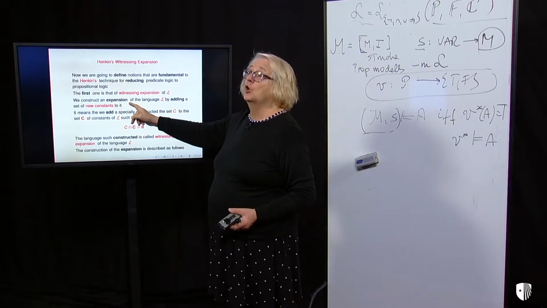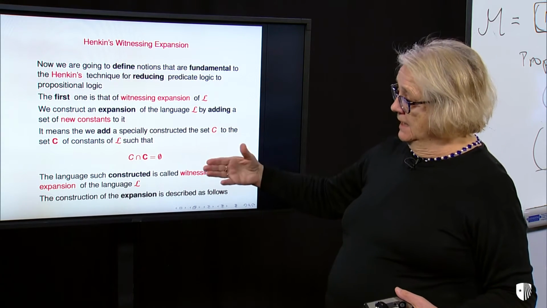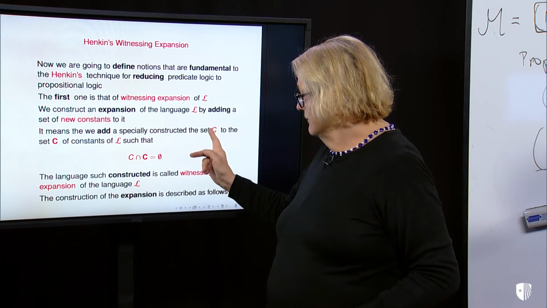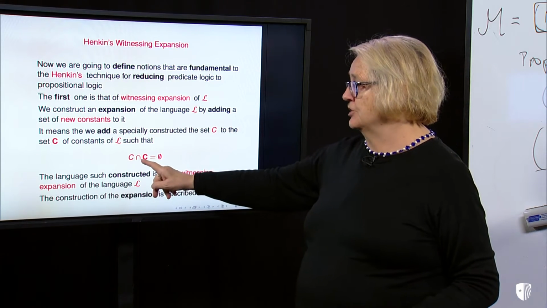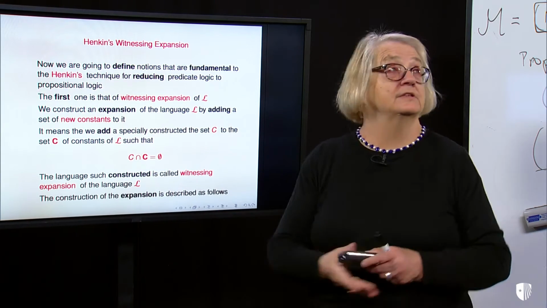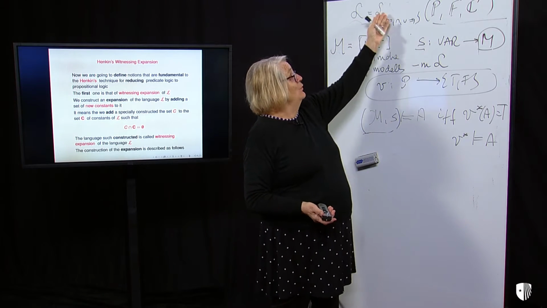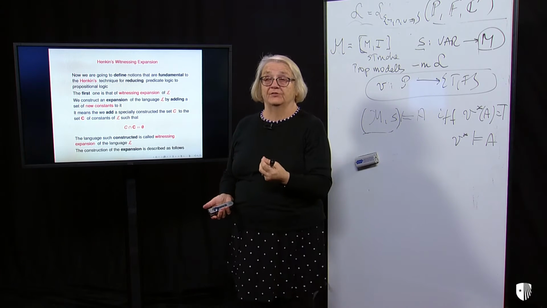We build a new set of constants C, which is disjoint from the old set of constants. We keep the whole language and add new constants.